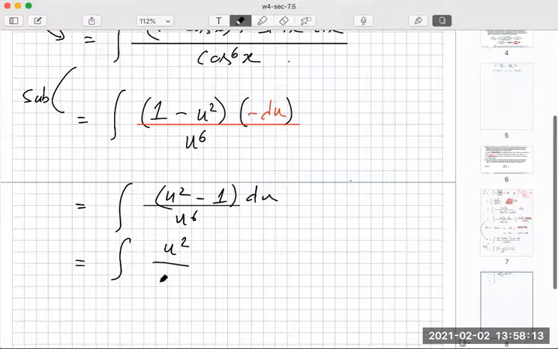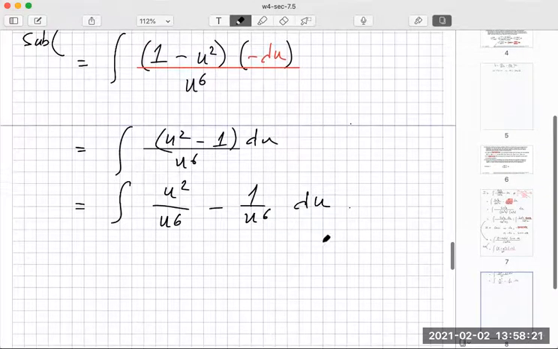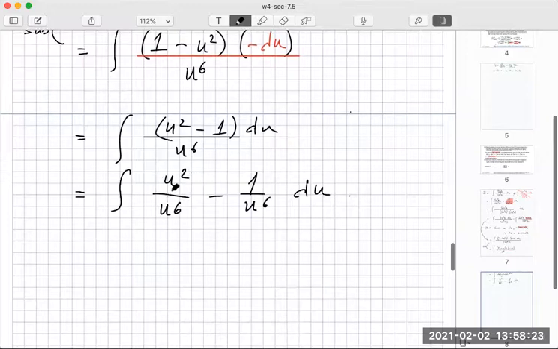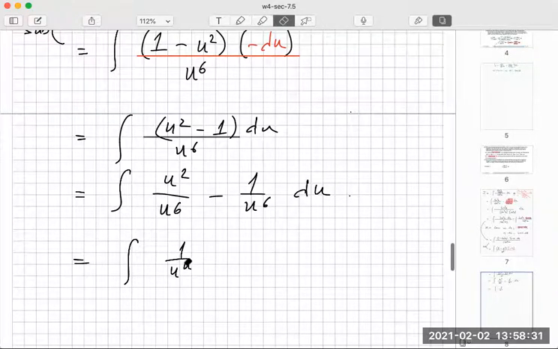U squared divided by u to the 6th minus 1 over u to the 6th, du, right? It's a lot easier. The first term, can we simplify it? Very good. Or we can write it as u to the negative 6 here, and here is u to the negative 4, right?